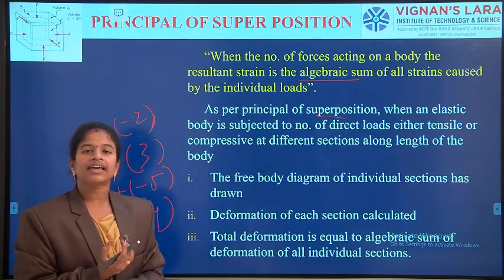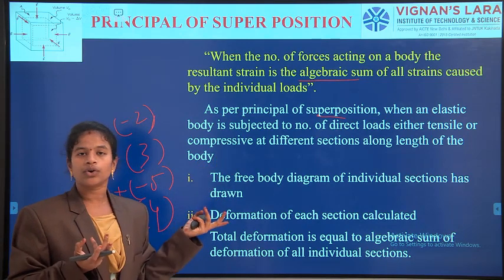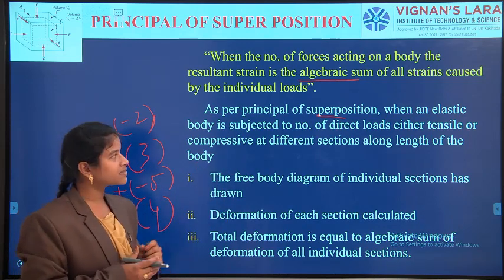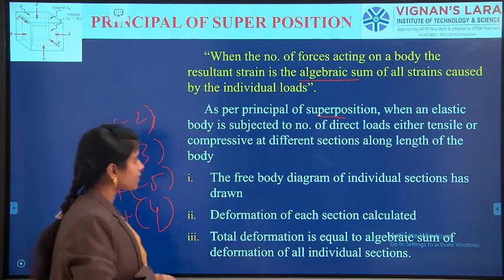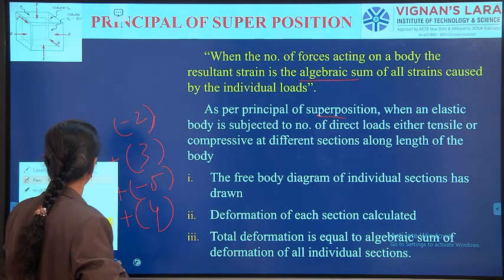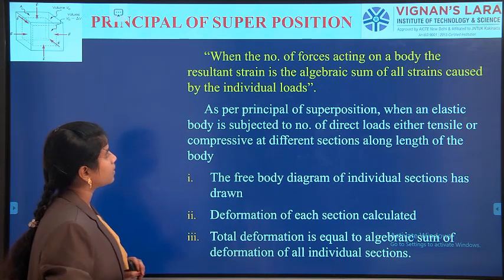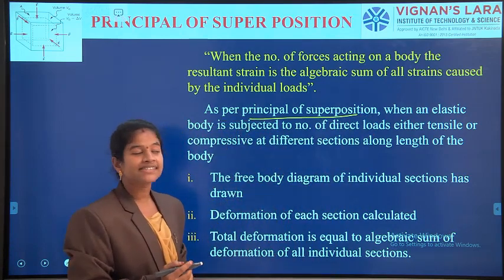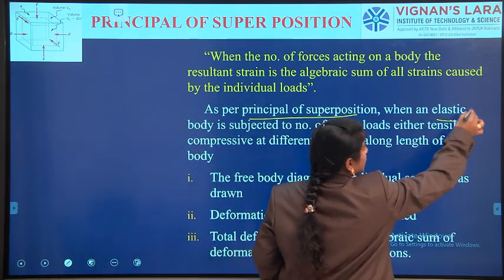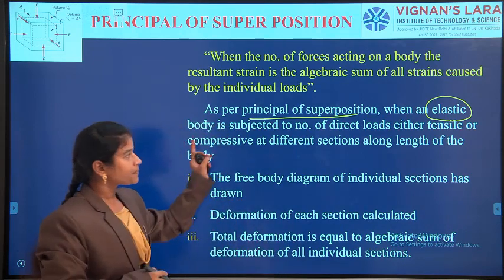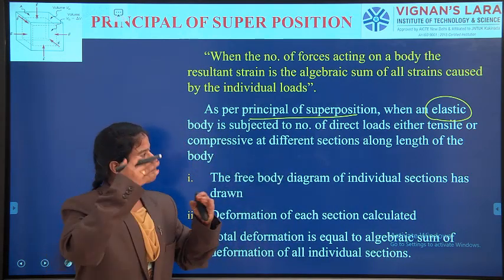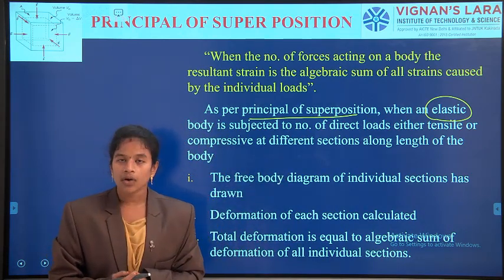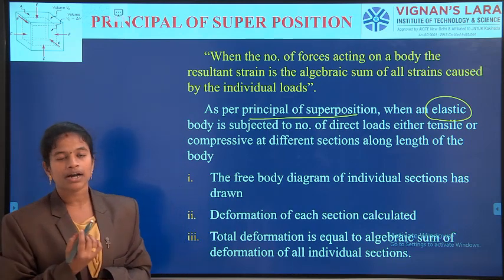How will we calculate the resultant strain? We don't know yet; for that we have some steps. As per the principle of superposition, what is it stating? When any elastic body is subjected to a number of direct loads, where direct load is nothing but tension or compression.